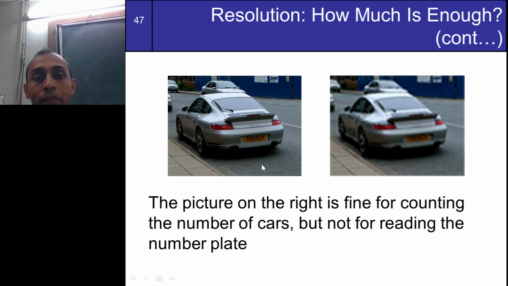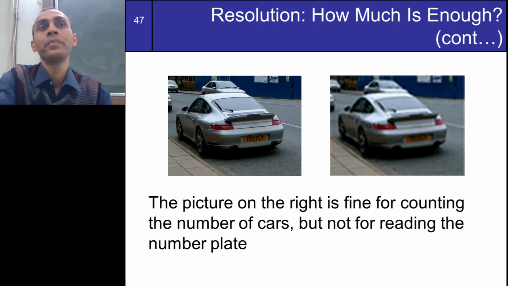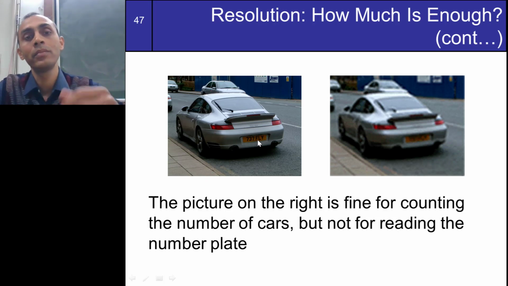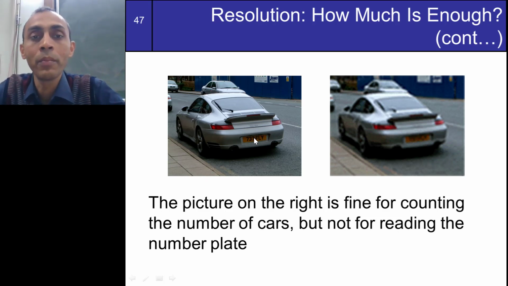So for example, if you are designing a traffic surveillance related application, these two images are of different spatial resolution. If you are interested in reading the number plate, then this image is useless for us.